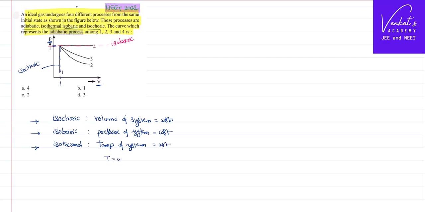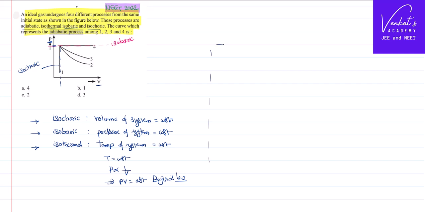As temperature is constant, pressure of the gas is inversely proportional to volume, PV equal to constant, and that law is called Boyle's law. So isothermal process is the process along which Boyle's law is very much valid.